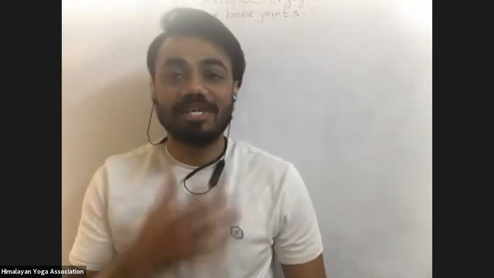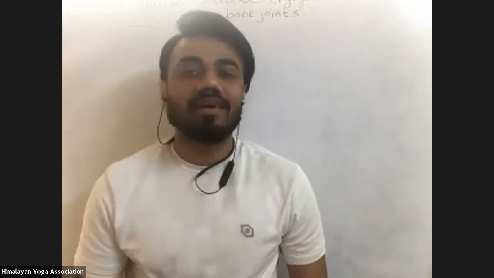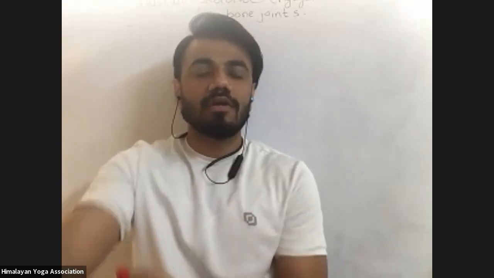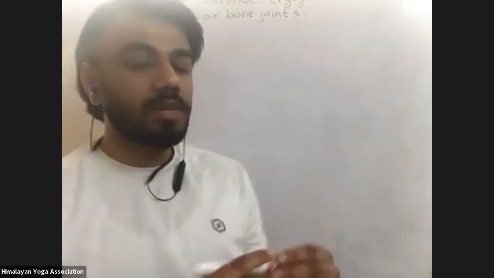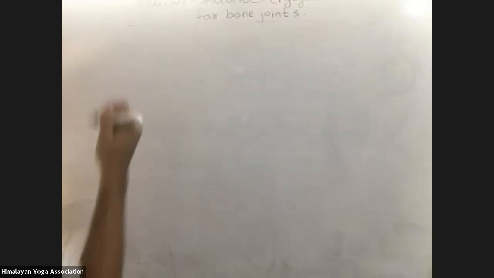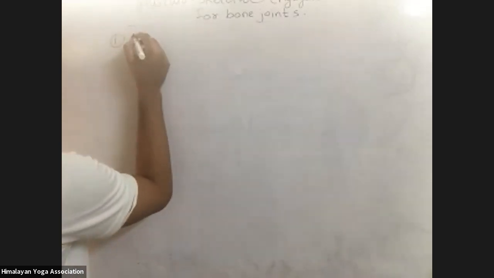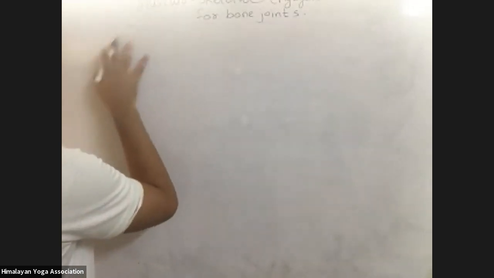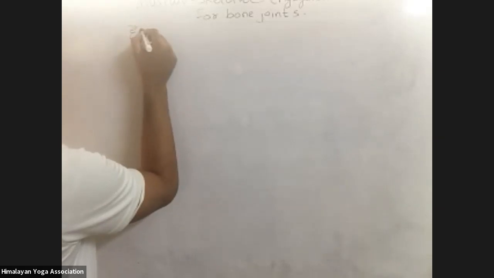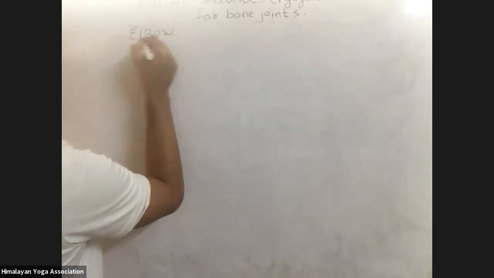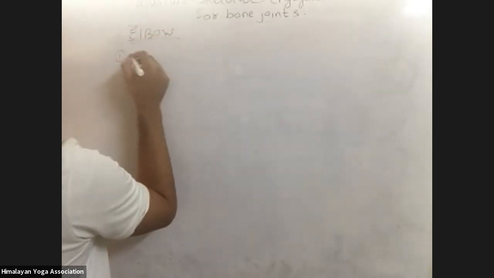Anyway, so we have to move further. We have the next joint, the elbow joint. We have seen shoulder, now we will see elbow. So first movement, write it down, elbow joint. For the elbow joint, elbow flexion again.